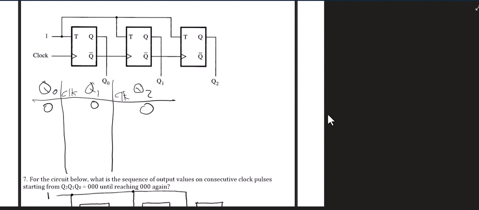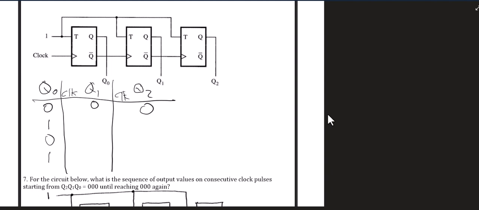So at the first active edge of the clock, it'll be 1. At the next active edge, it'll be 0. At the next, it'll be 1. And so this was for the first 3 time instants. So that one was easy.